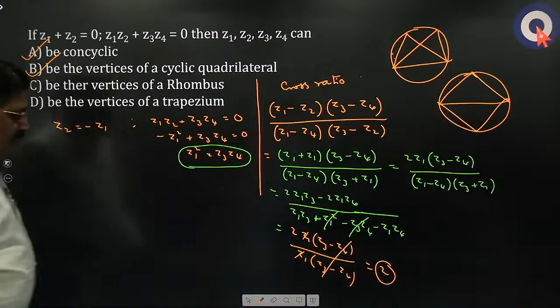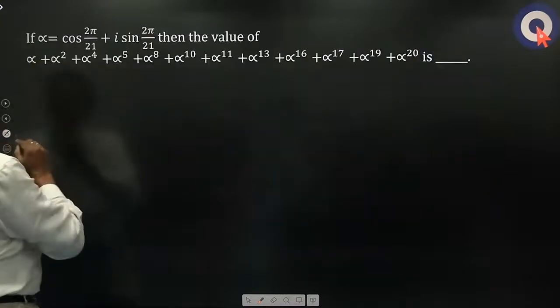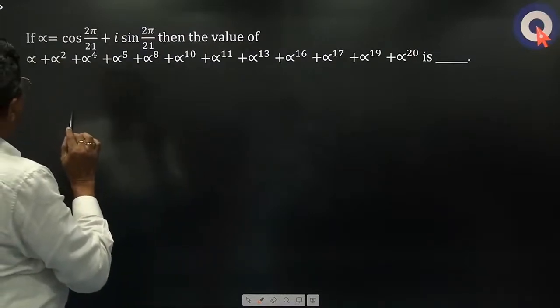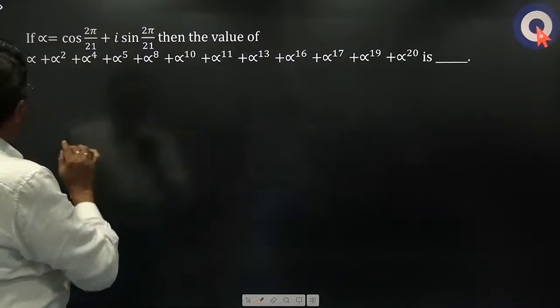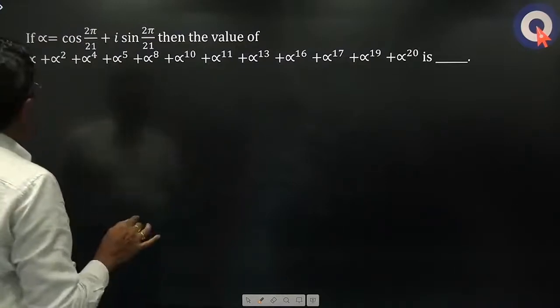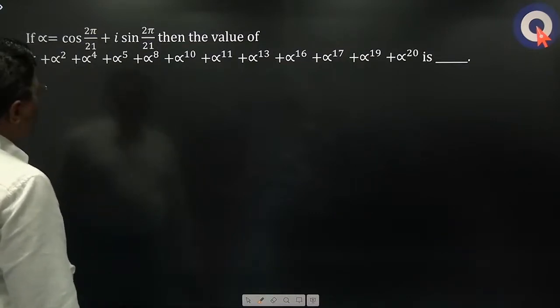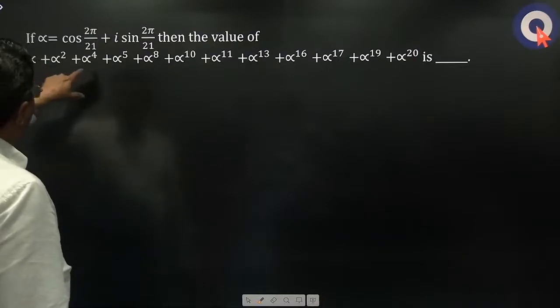All right. So next, if alpha is equal to cos 2 pi by 21 plus i sin 2 pi by 21, then the value of a big summation kind of thing is given here: alpha plus alpha square plus alpha power 4, all these things. You notice certain powers of alpha are missing.